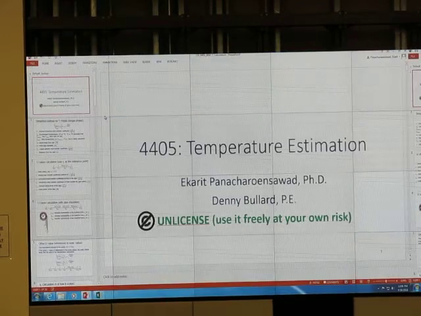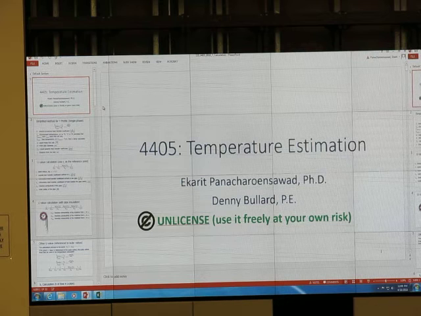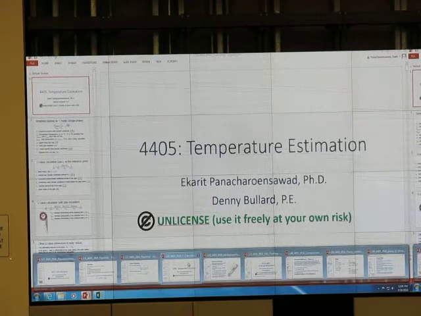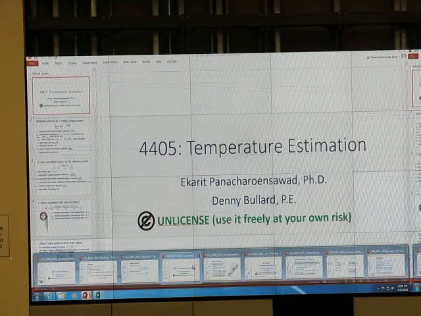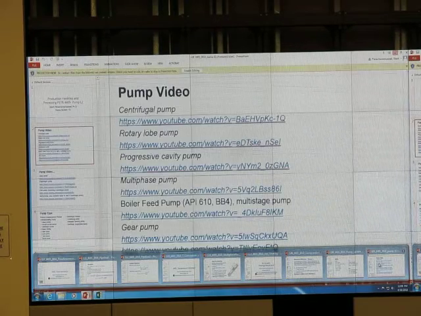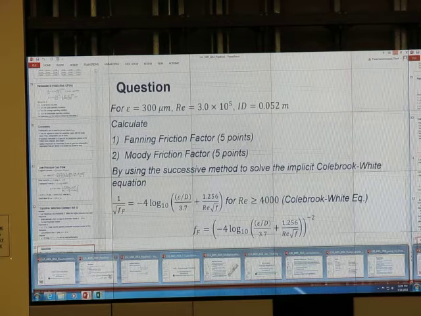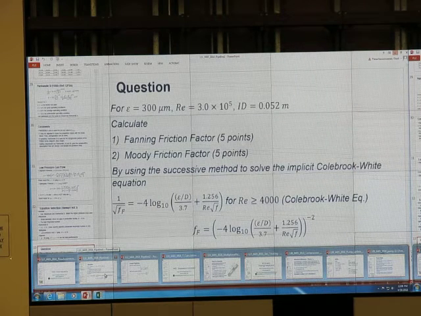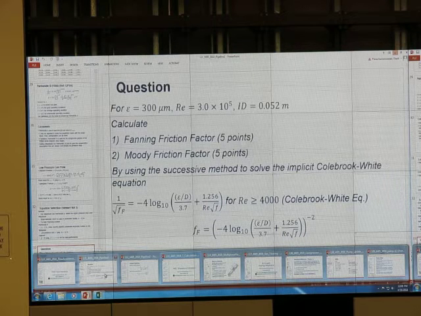Yes? On the flow equation, we have to calculate flow rate at standard condition. And you would give us the mass flow rate and the gas composition. How do we use mass flow rate? So mass flow rate divided by density gives you what?